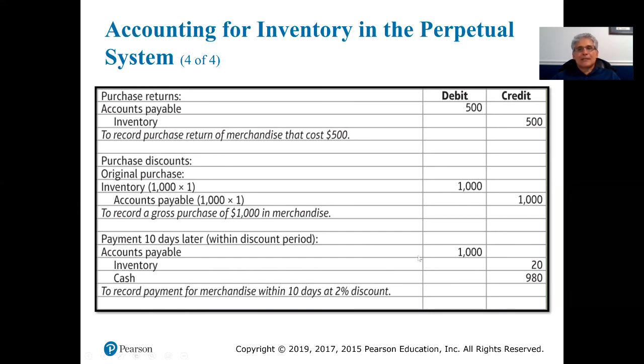We're going to debit accounts payable for $1,000. The reason why we're debiting $1,000 is because we credited it for $1,000. Even if we take a discount and pay $980, we don't owe the $1,000 anymore, so we've got to remove that. So this debit offsets that credit. Now there's a difference between $1,000 and $980. The difference is the $20. That's the discount. So that discount is credited against inventory.